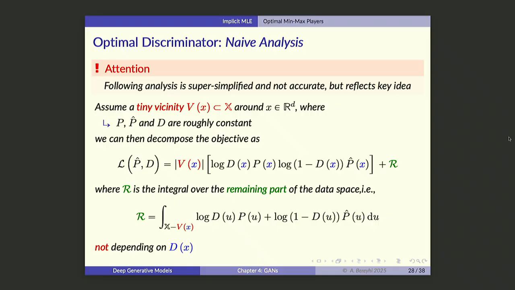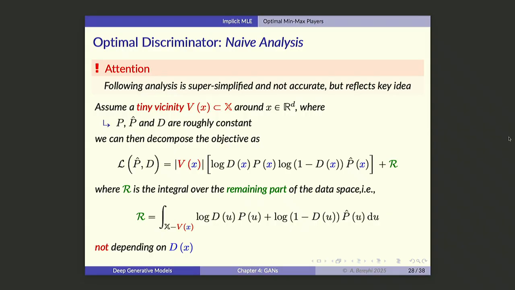Now, this remaining term does not depend on dx anymore, right? Because x was inside that tiny vx space that I just approximated everything there, right? It's out of there, out of the remaining part. So that R does not depend on d, the value of d at point x, right?